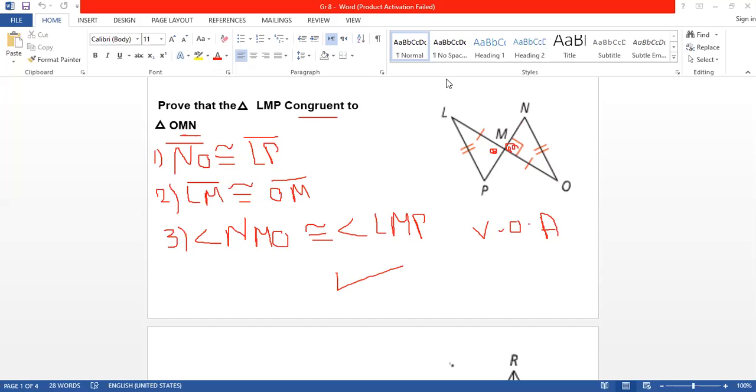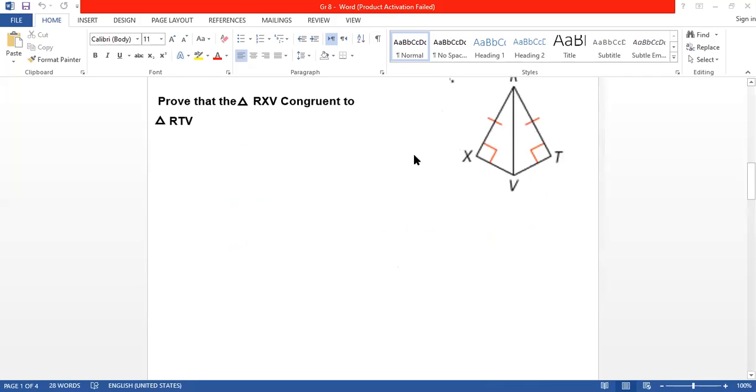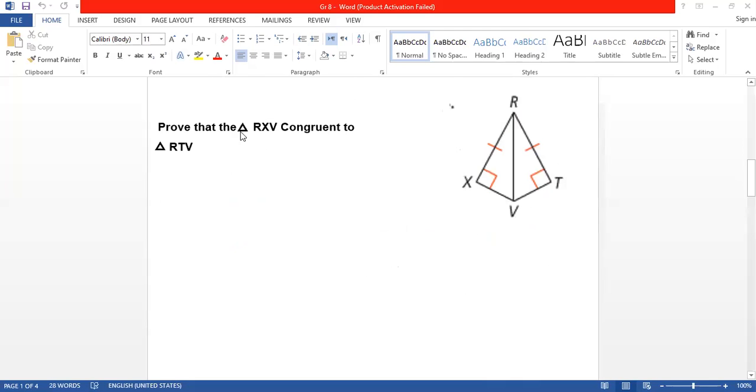Another exercise. Prove that triangle RXV is congruent to triangle RTV. Let's check the three conditions. Condition number one, we have RT is congruent to RX.